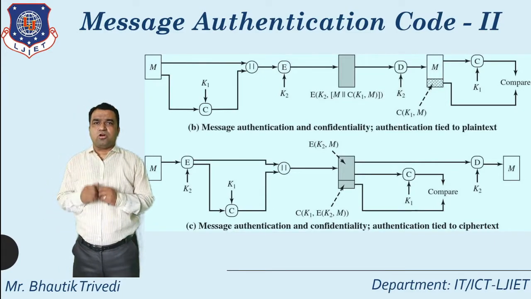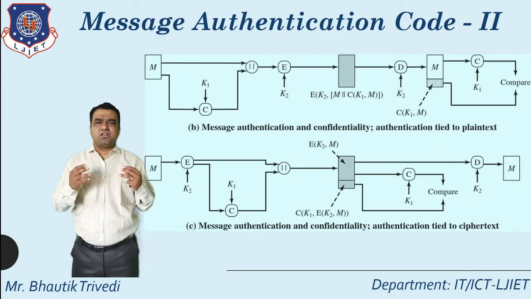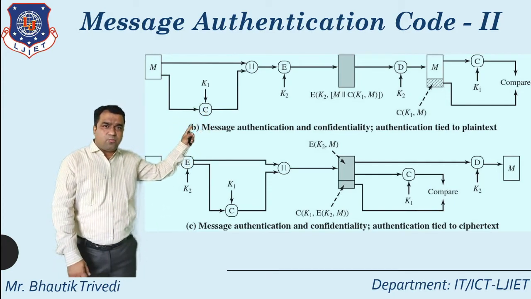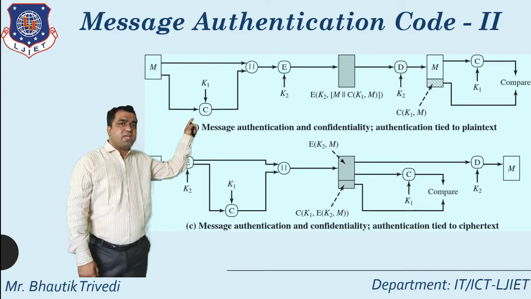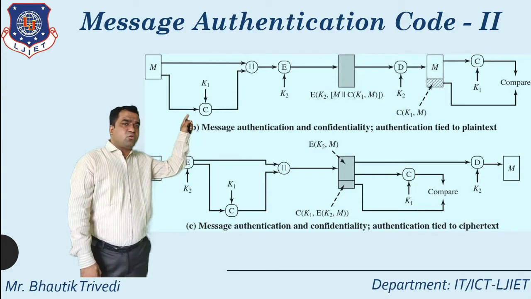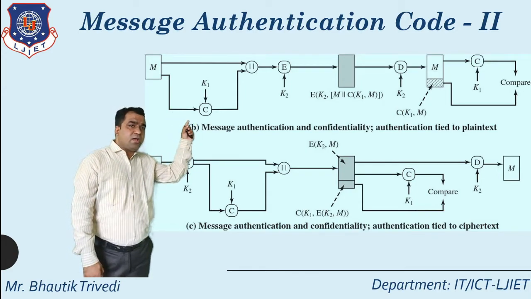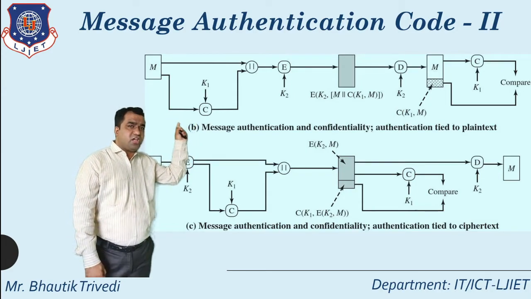So what is the meaning of that? Here you just see whatever I talk currently. First of all, message is there. Then after you pass C, means cryptographic checksum function, applying the key on that. Then whatever I receive, again you apply the encryption on that using the K2.